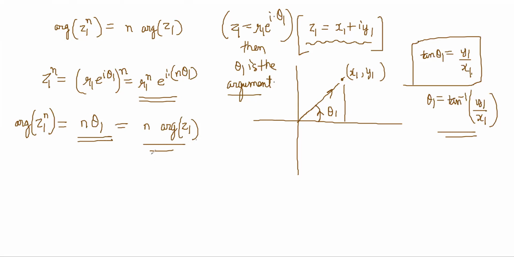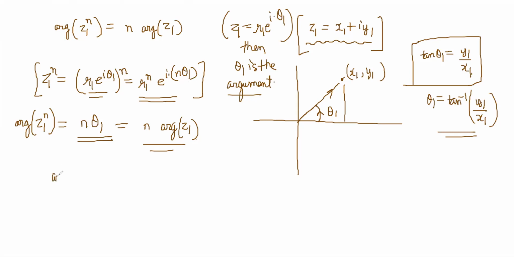You understand what has happened? Because of polar form, the angle has gotten multiplied. You are multiplying the same complex number many times, so angles kept getting added: theta 1 plus theta 1 and so on. That became n theta 1.